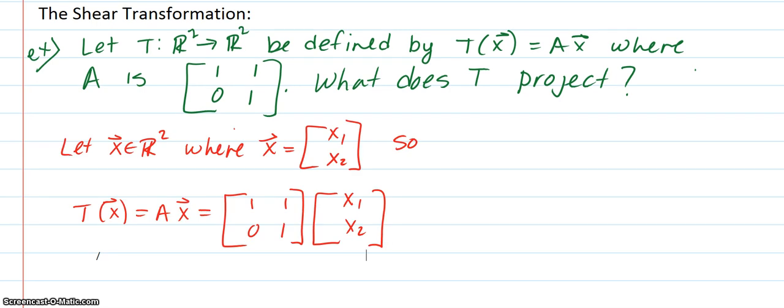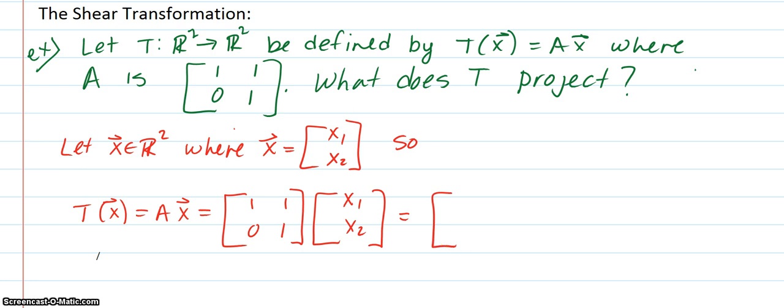So let x be in R2 in the domain, where x is a two-dimensional vector x1, x2. And let's look at T of x, which equals Ax. So I put A times x, and what do I get here?